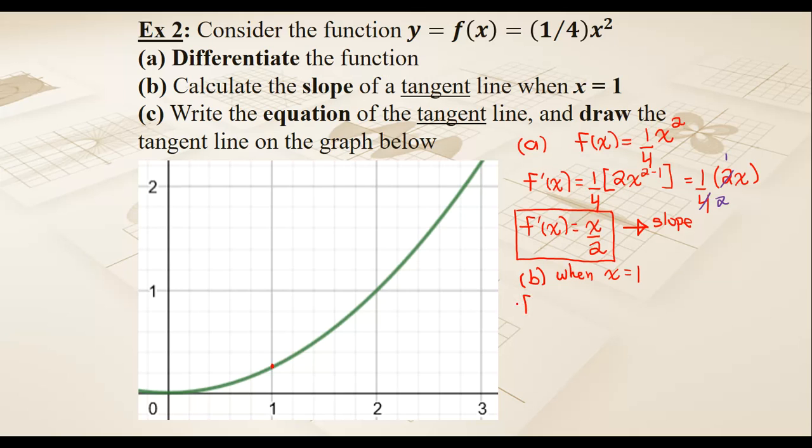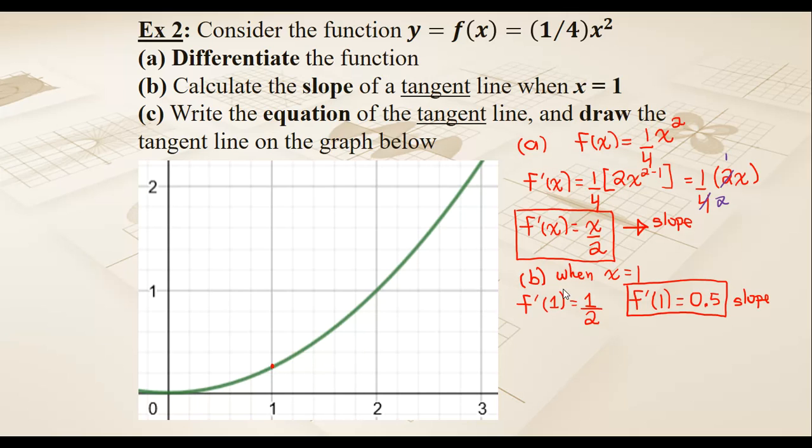So the derivative of the function when evaluated at x equals 1 would just be 1 over 2. Or if we wanted to, we could write it down as a decimal number: the derivative of the function evaluated at x equals 1 equals 0.5. And the derivative of a function represents your slope. So that's the exact slope of a tangent line at that point.